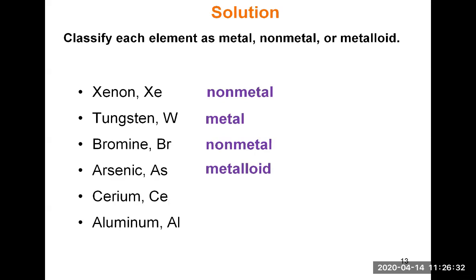It's the first element, atomic number 58. It's a metal. So these are metals. And then aluminum. Aluminum, symbol Al, is found under the staircase, but as we said, it's on the metal side and it's not a metalloid, it's a metal.